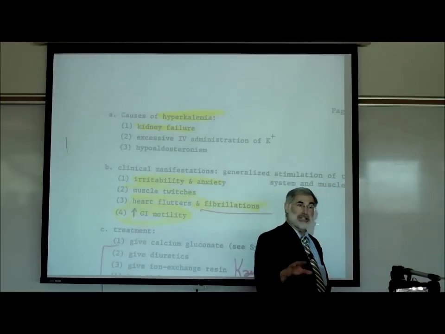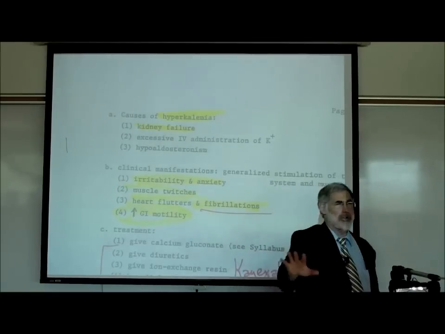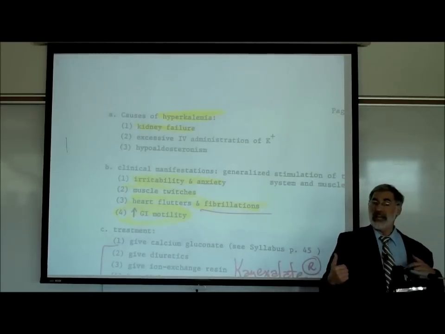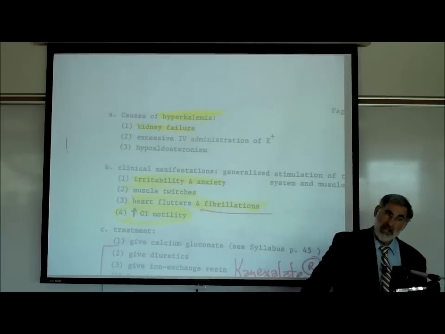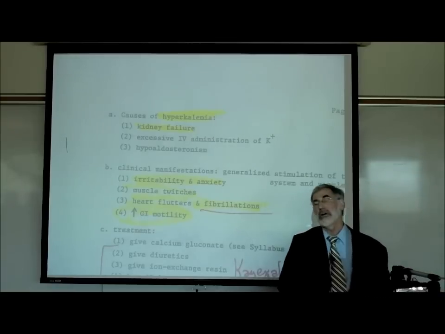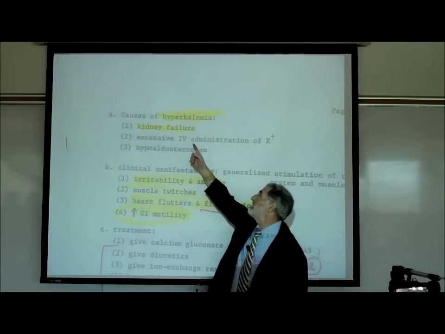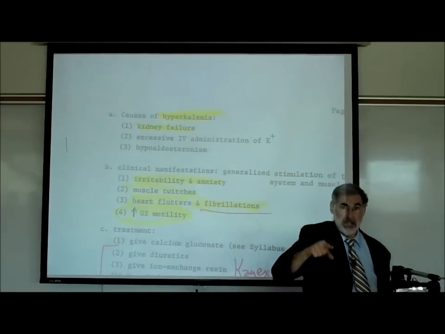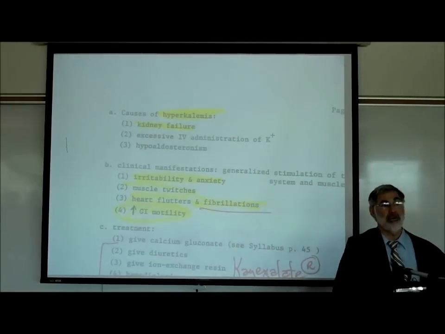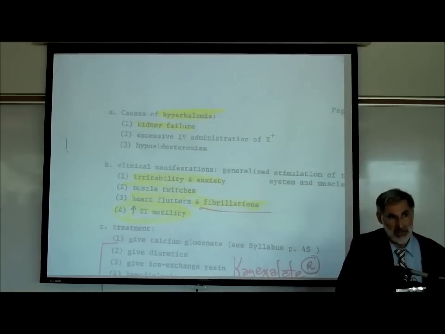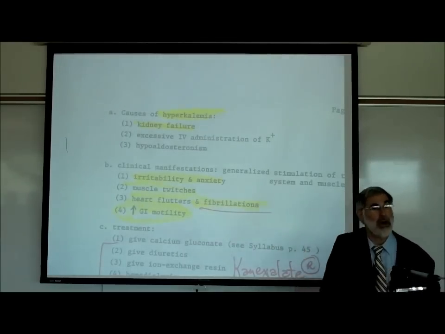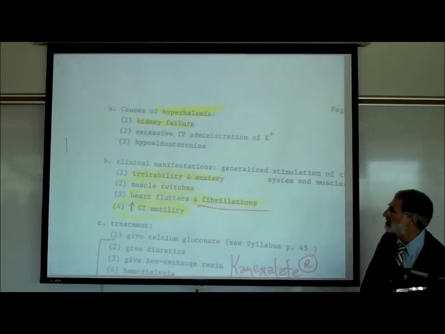As long as your kidneys are healthy and working, you can eat all the bananas you want, normally, because any excess potassium you eat, your kidneys will just excrete it out. But wait a second, what if your kidneys don't work? Then, eating those bananas is going to raise that potassium level, and you will develop hyperkalemia. All right, so people with kidney problems do tend to develop potassium imbalances.